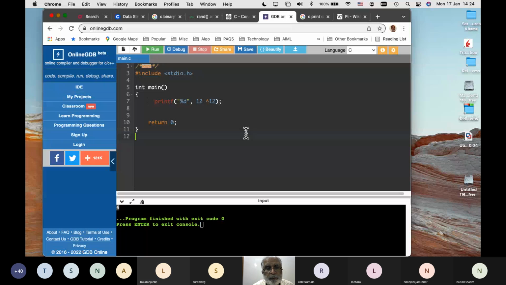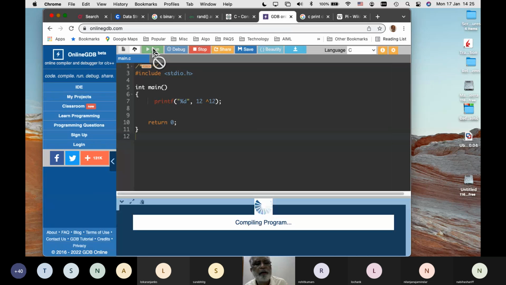Zero. So for any number XORing itself, because both bits would be the same, you will always get 0. You don't even need to convert anything. Any number XORing with itself is always going to give you 0, as you can see.